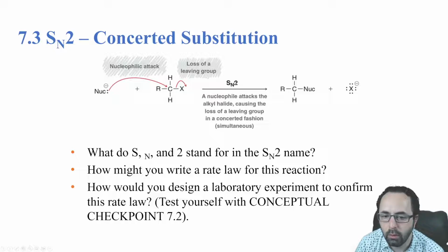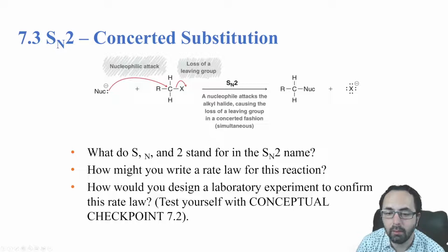So SN2 here, the N is nucleophilic, the S is substitution, and the 2 does not mean that it's 2 steps. It means that it takes both reactants, 2 reactants, for it to happen. Both reactants have to be involved in a one-step mechanism. The nucleophile attacks at the same time the leaving group leaves.